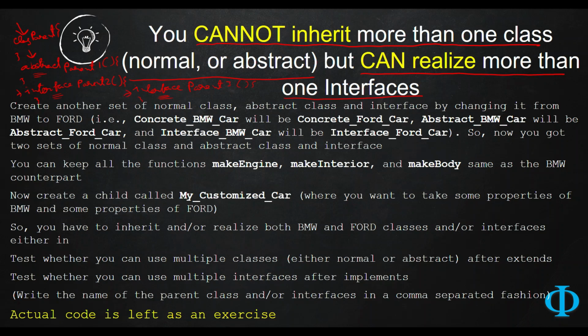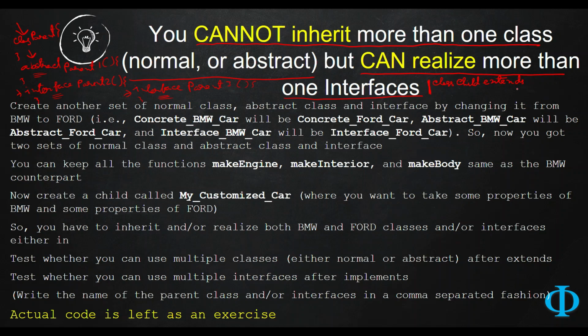Now let us say you have a child class somewhere. Here, on the other side of the PowerPoint, I am defining a child class. So let's say this is my class child, and this is extends.